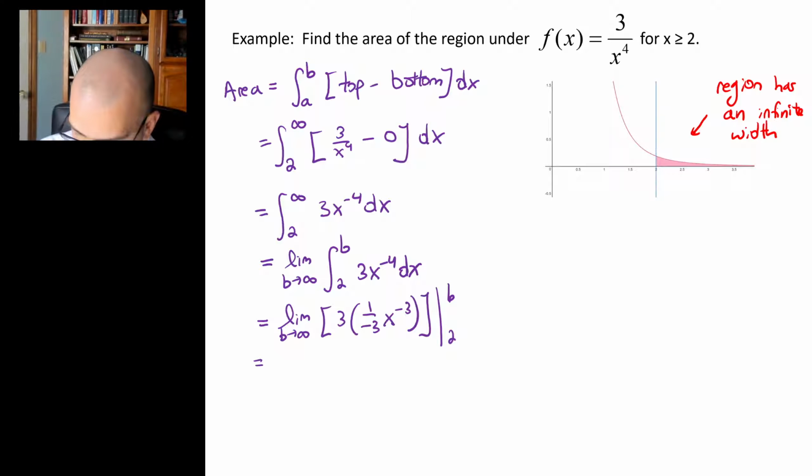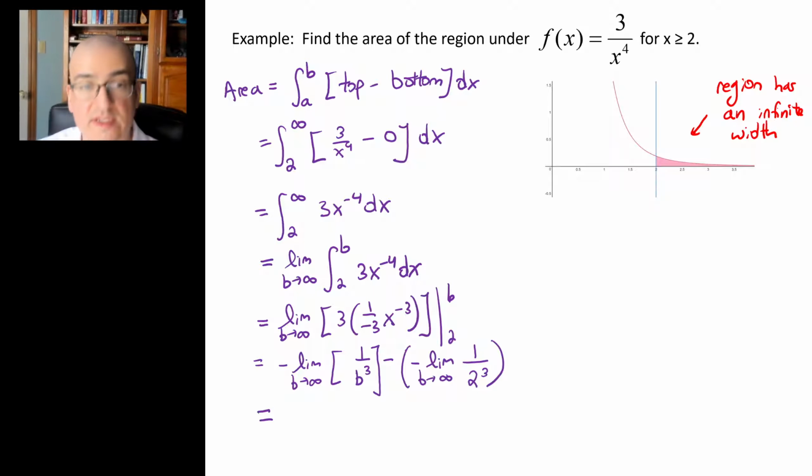So it's negative limit as b approaches infinity of 1 over b to the 3 minus negative limit as b approaches infinity of 1 over 2 to the power of 3.